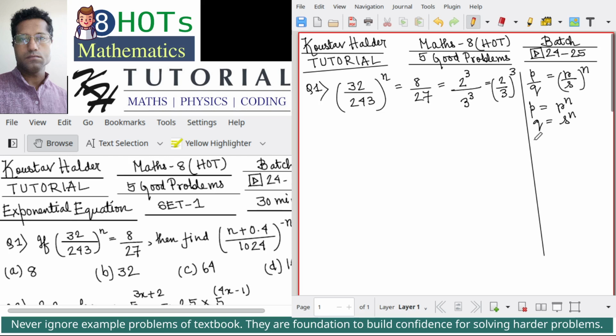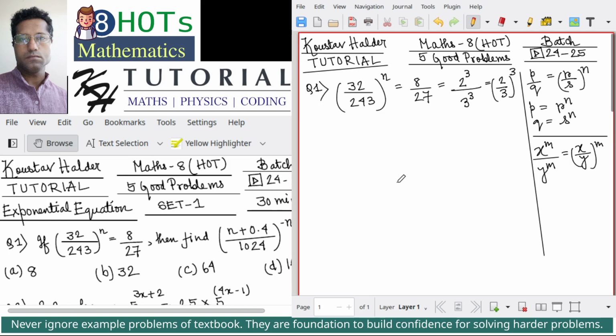As we know that x to the power m divided by y to the power m, so this is a law of exponent, is equal to x by y whole to the power m. Okay, so we have converted the RHS in the exponential form, and we see that the base is 2 by 3 and the power is 3.